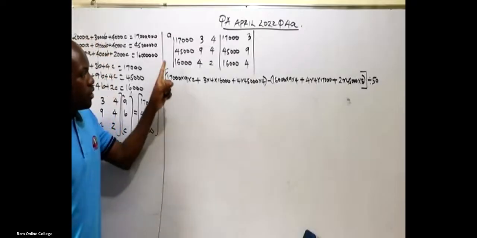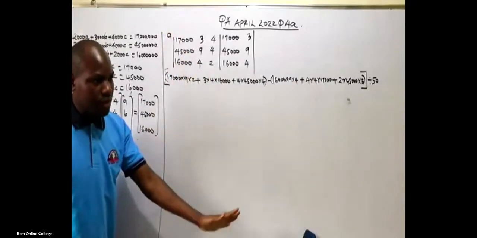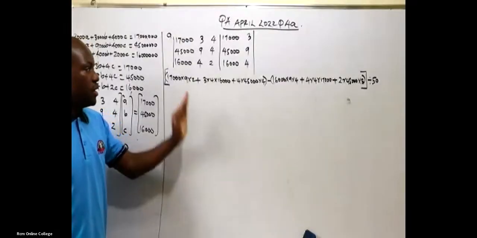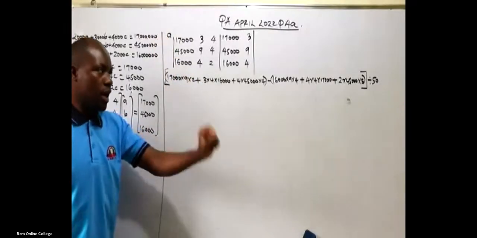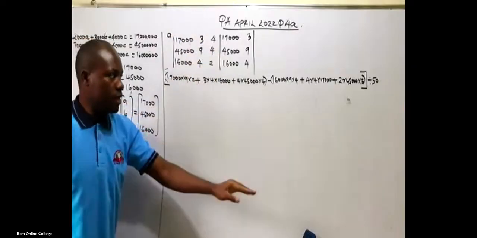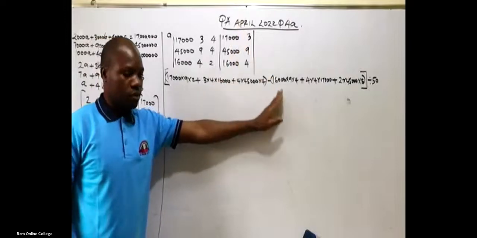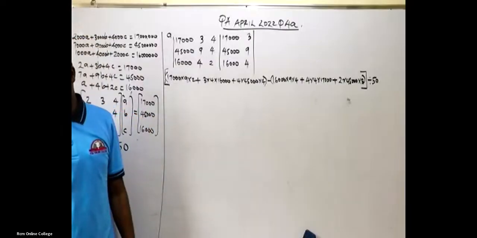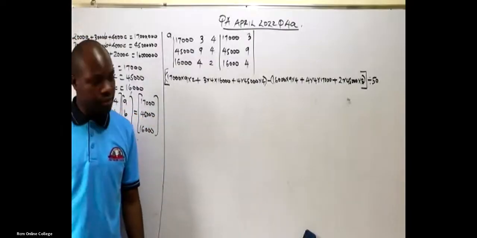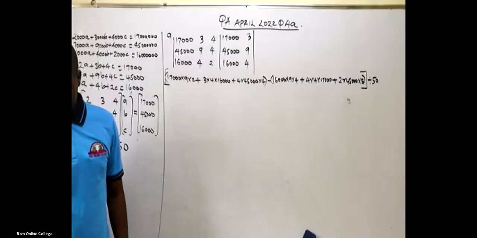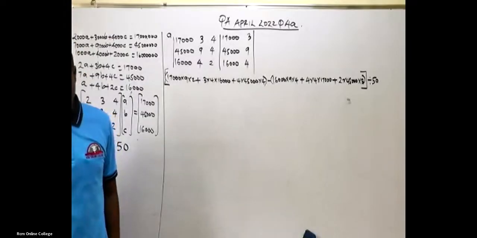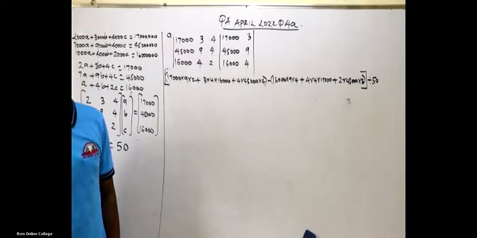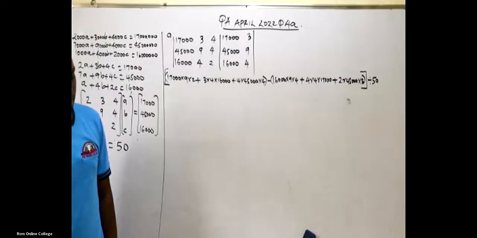Say 17,000 times 9 times 2 plus 3 times 4 times 16,000 plus 4 times 45,000 times 4.